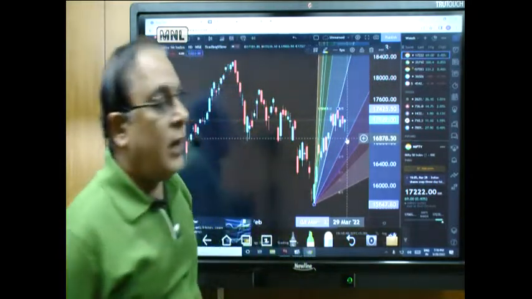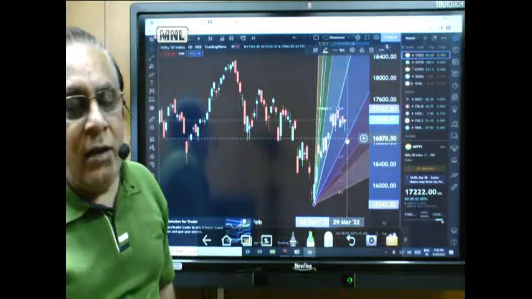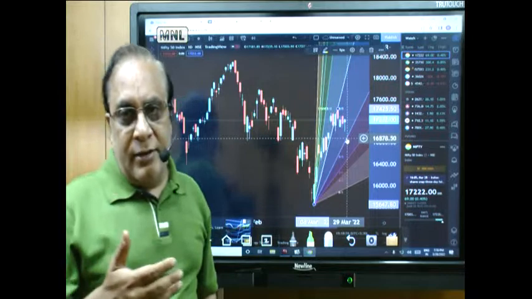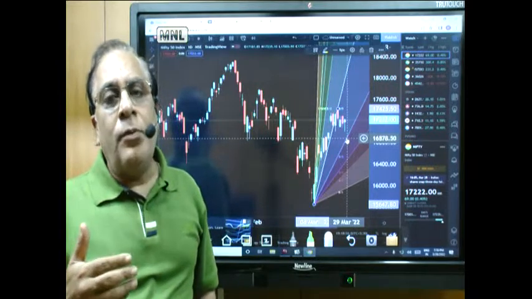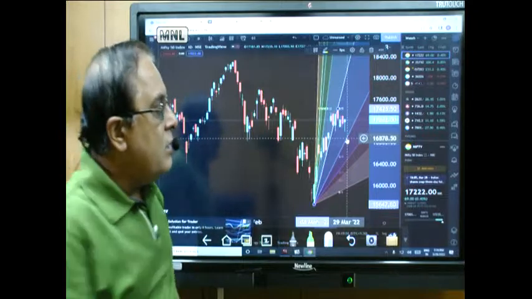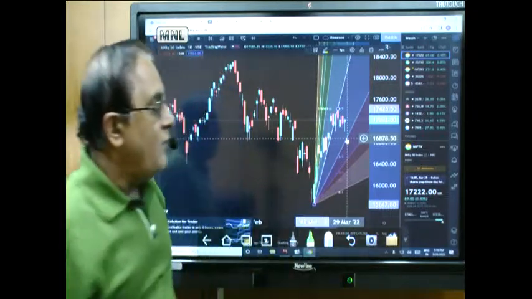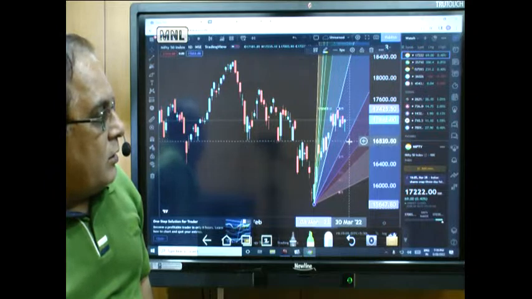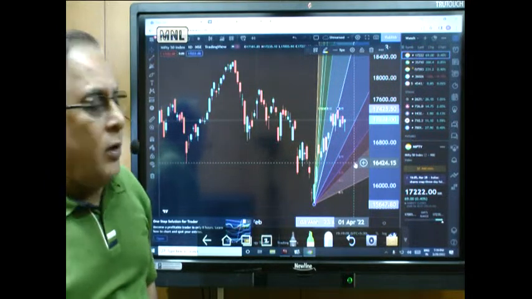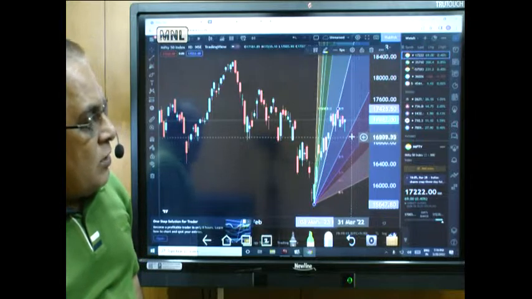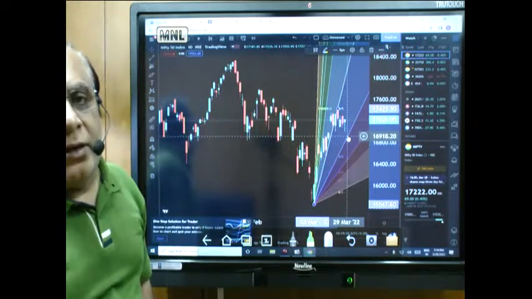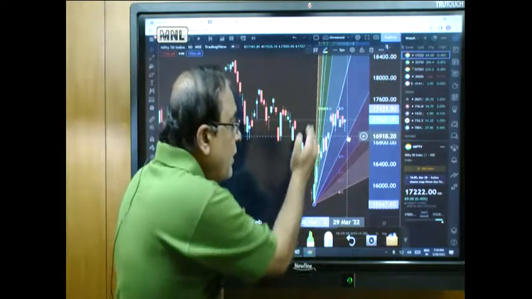The 2 by 1 angle, that is the 45-degree angle, is coming at 16,878. So that is the stop loss in the first instance, and then if it starts sliding, it may keep moving to the next levels, which could be these levels, then probably these levels. This is generally how the 45-degree angle is applied, based on from this line to this line.